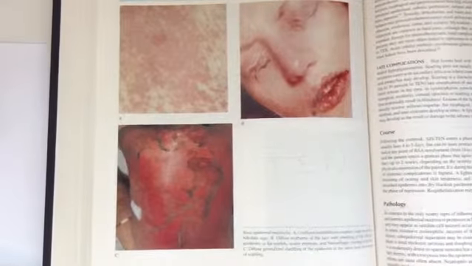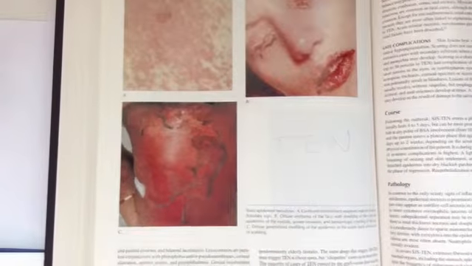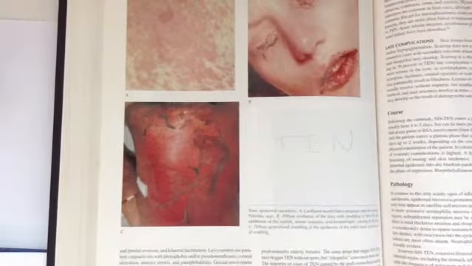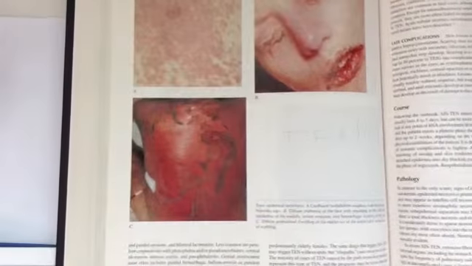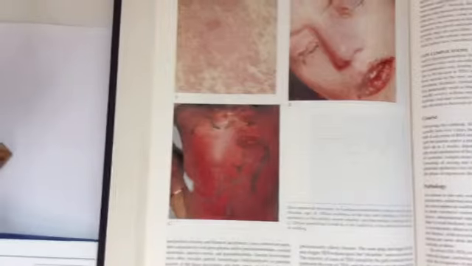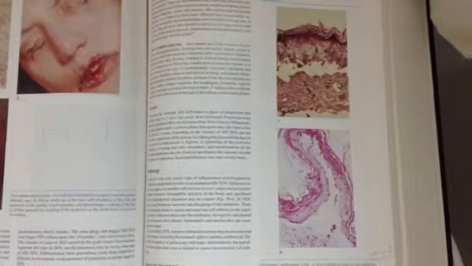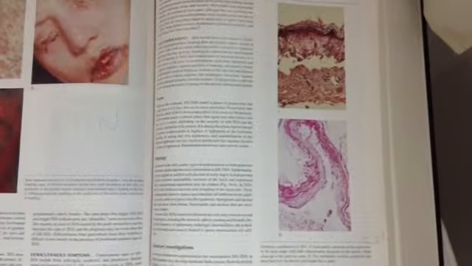The prognosis is unfavorable, with healing taking more than 14 days with scarring and a high mortality rate. It responds only to systemic steroid, not to antibiotics. Here we can see the detachment of the whole epidermis, not like staphylococcal scalded skin syndrome.